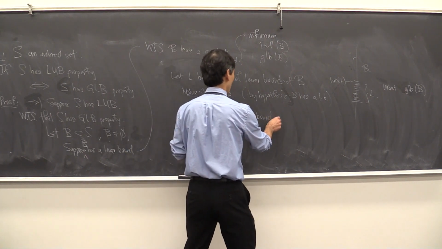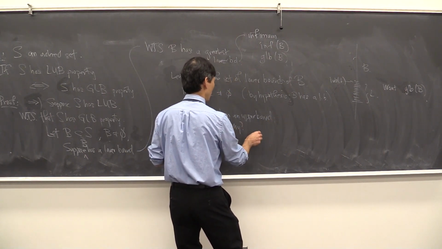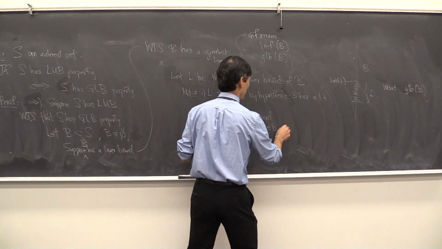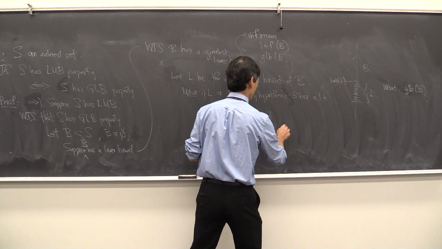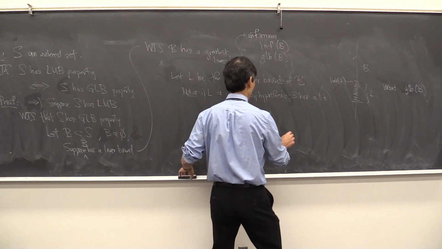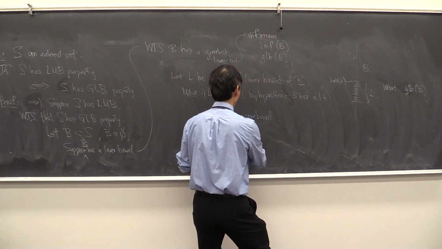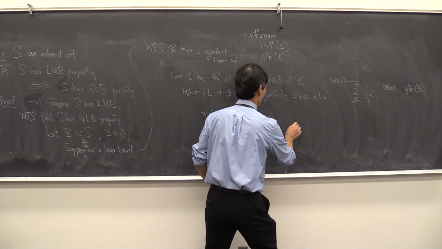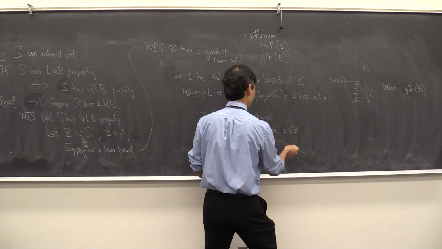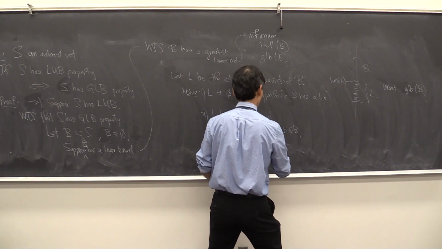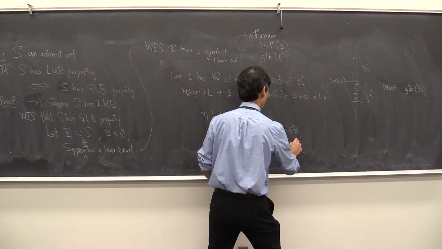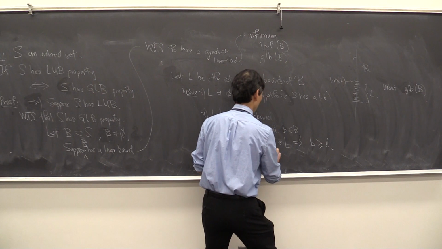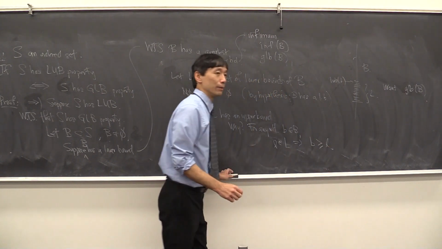So why? Because for any element of B, we know that if L is the lower bound, then B is greater than or equal to L. Right.